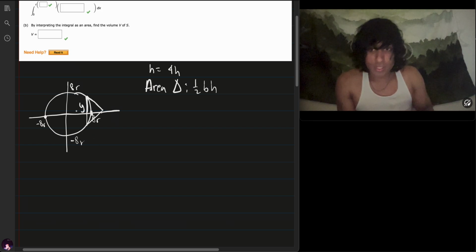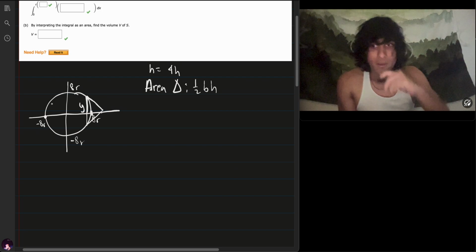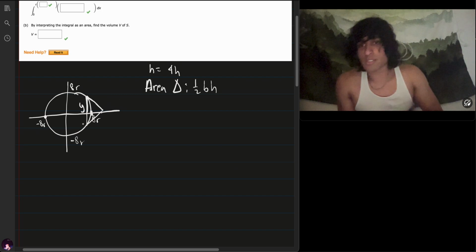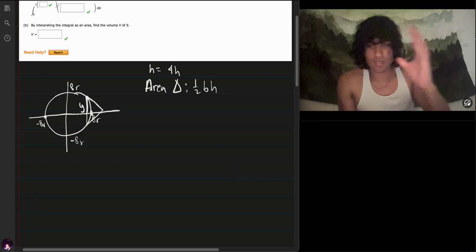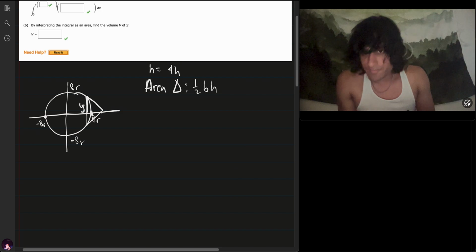By the way, you could technically also make cross-sectional triangles in the direction that goes from positive y to negative y. But for simplicity's sake, and just personally how I want to solve the problem, I drew my cross-sectional triangles going between the negative x and the positive x direction. So anyways, we have y right here, and we have another y right here, right? These two y's make up our base.